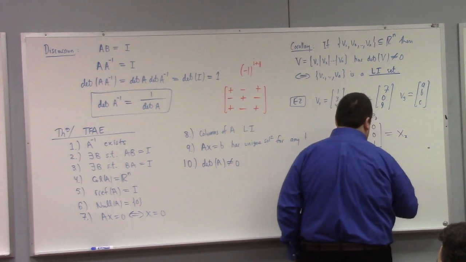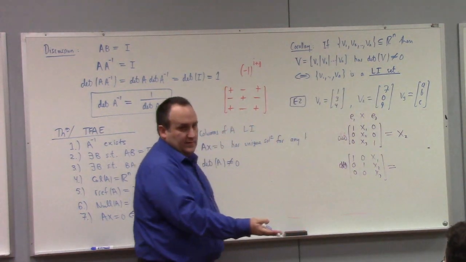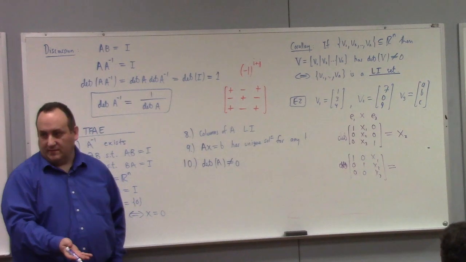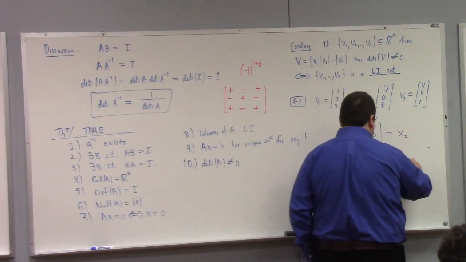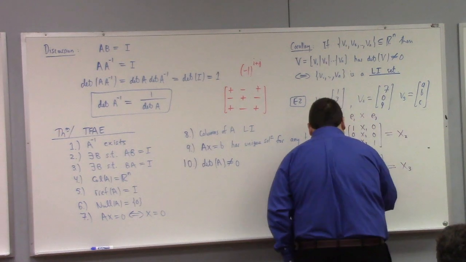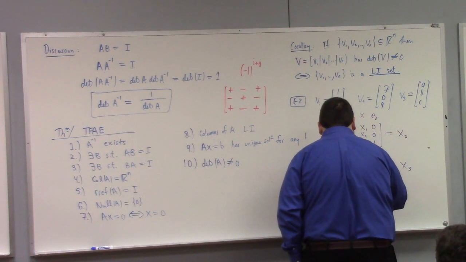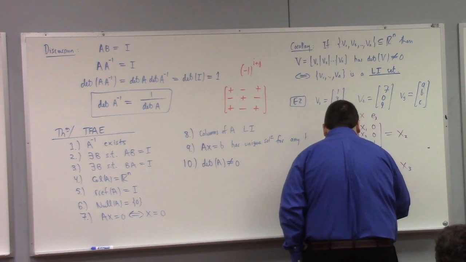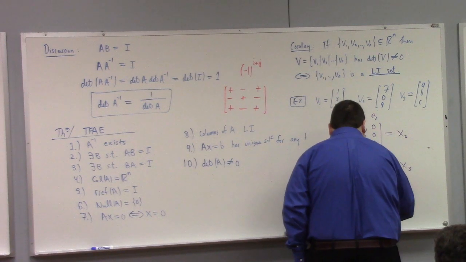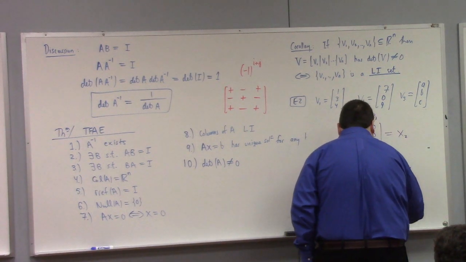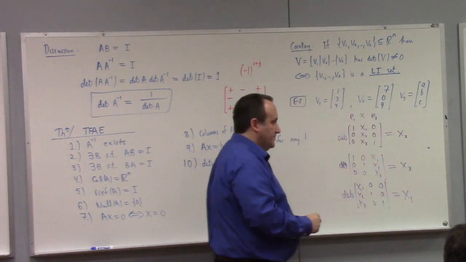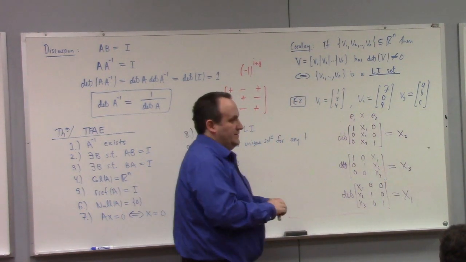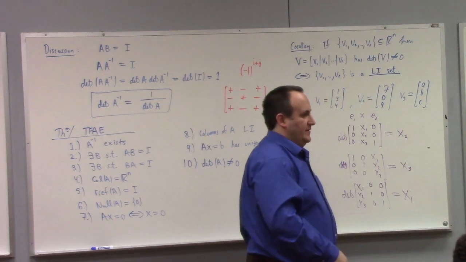This is clearly, because it's a lower triangular matrix, just what? x3, yeah? And similarly, you can work out that the determinant of x1, x2, x3 times 0, 1, 0, 0, 0, 1 would be x1. Very good.